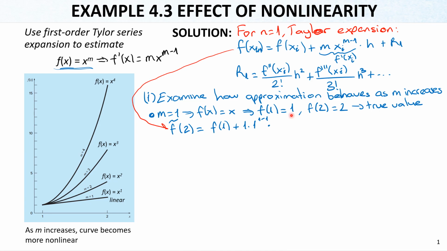The difference between the x's, x_i+1 minus x_i, is 1, so h is also 1. And we know that f(1) is 1. So the result is 2. The true value for f(2) is 2 and the predicted value is again 2, so these are the same. That means there is no error.